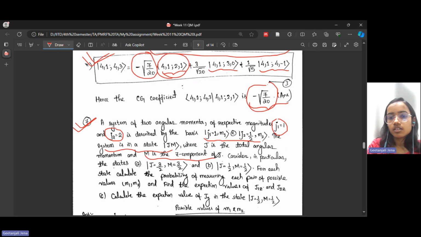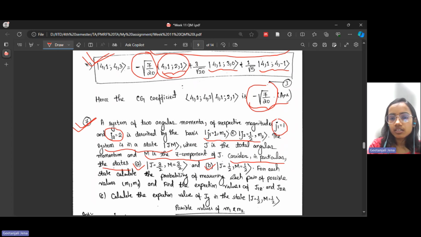Now it is telling us to consider in particular two states. In part A, the state has J equal to 3/2 and M equal to 3/2, but in the second part B, J equal to 1/2 and M equal to 1/2.